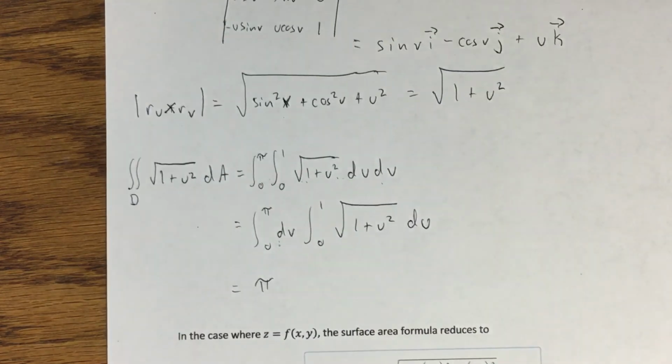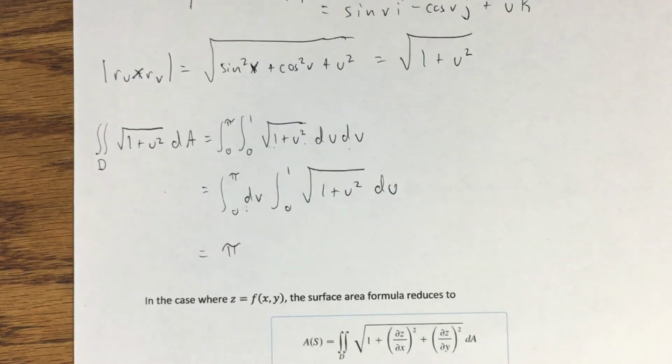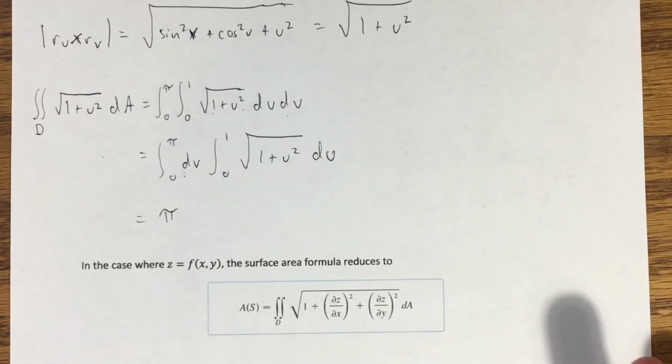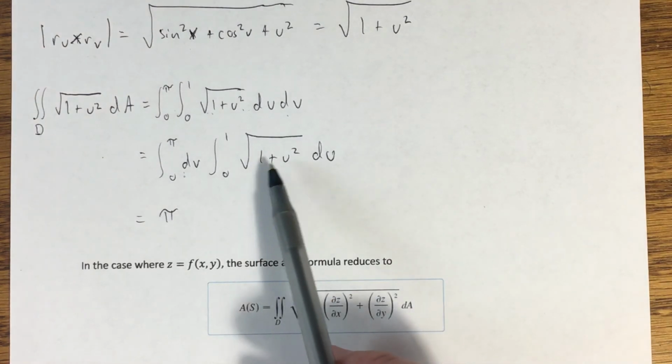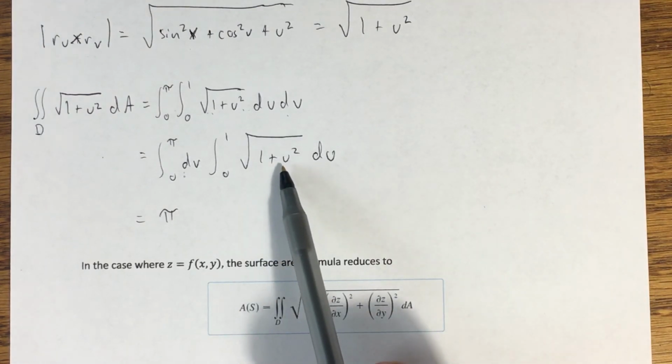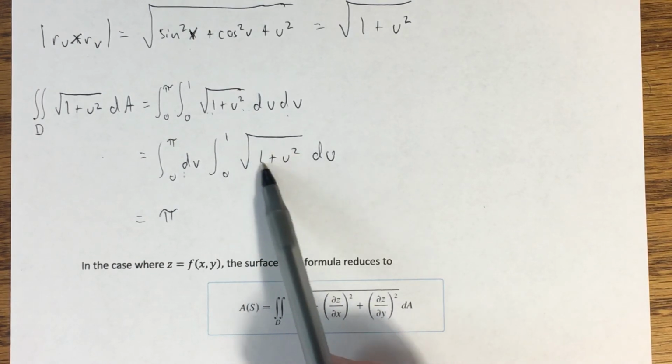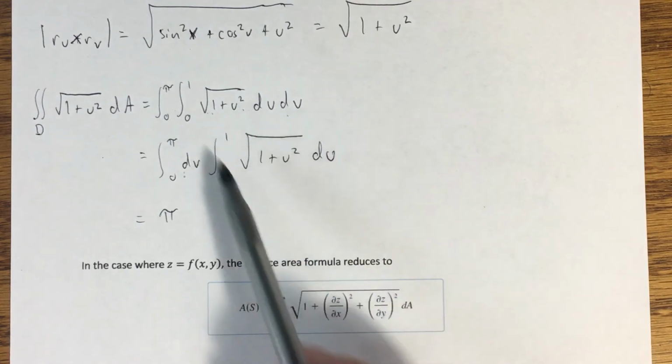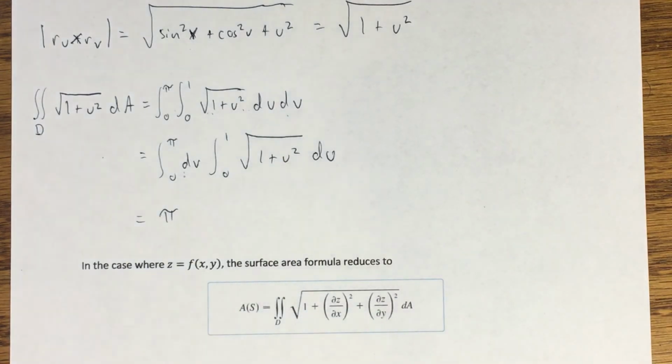This one is not easy to evaluate, but you can do it, and you probably did in Calculus 2. This is a classic trig sub. You would set u equal to tangent of theta. du is going to be secant squared of theta. And then after using the trig identity here, you end up with secant cubed of theta. Secant cubed is a classic example of trying to integrate that in Calculus 2.